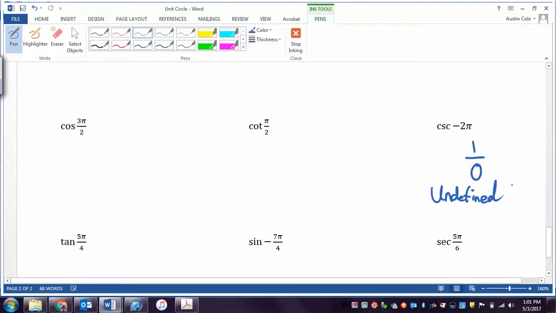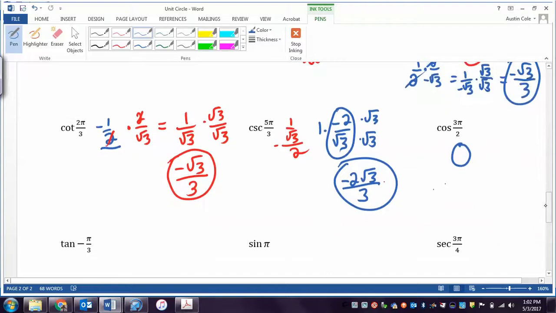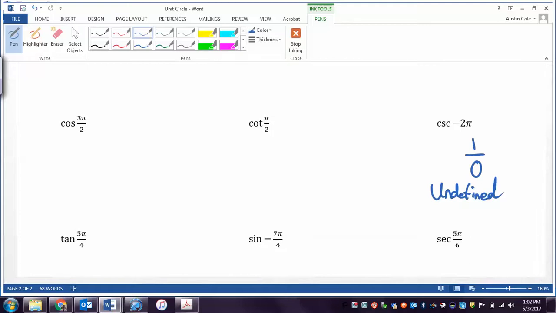So be careful, because that's not 0, right? If back up here we had one that was 0, cosine of 3 pi over 2, that was actually 0, because it was 0 divided by something. This is undefined, because we're dividing by 0. That's our answer. Do you want him to write it a different way than that, or is that okay?